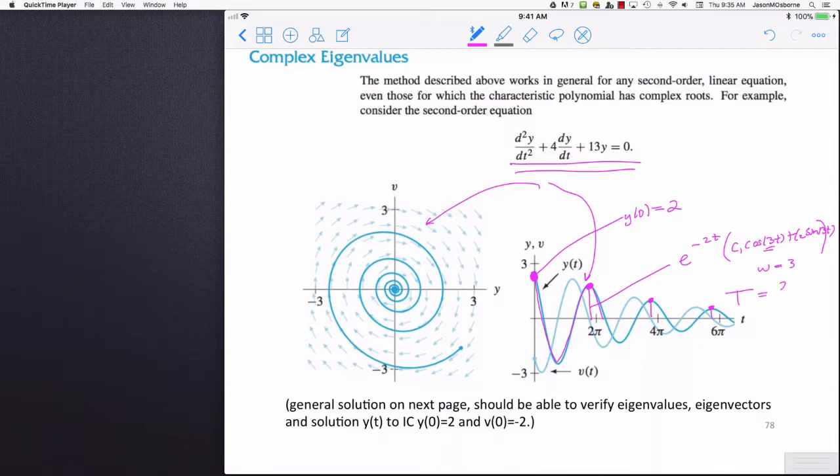The period is 2 pi divided by omega, and omega is 3 in this case. So the period, the time it takes to go from peak to peak, is about 2 pi over 3 seconds.